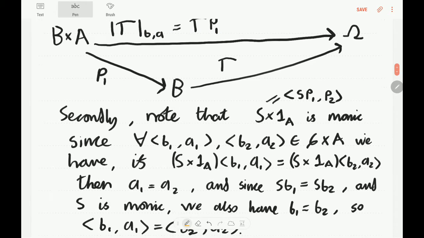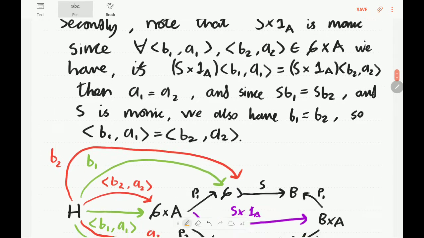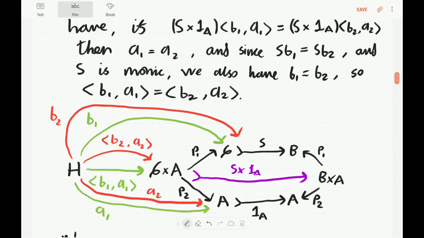Right, now, let's do what I said. I wanted to show that S times 1A is monic. Well, what is it? It's S P1, P2. So let's show this. So we'll do this usual kind of proof. Here's S times 1A.